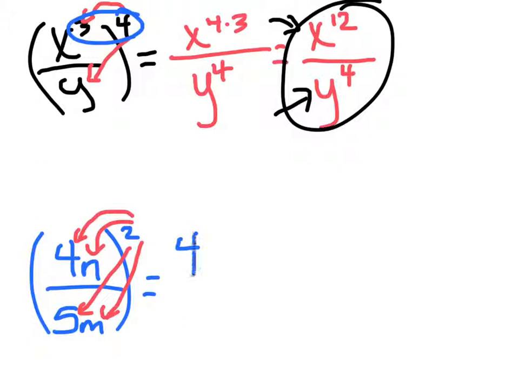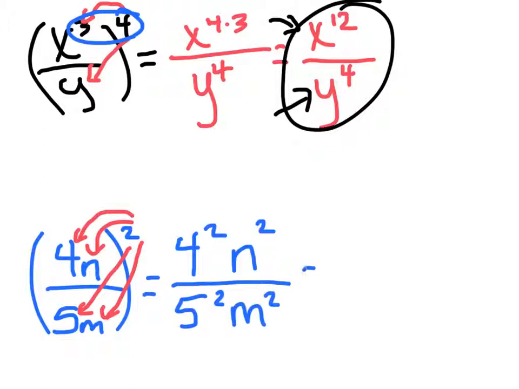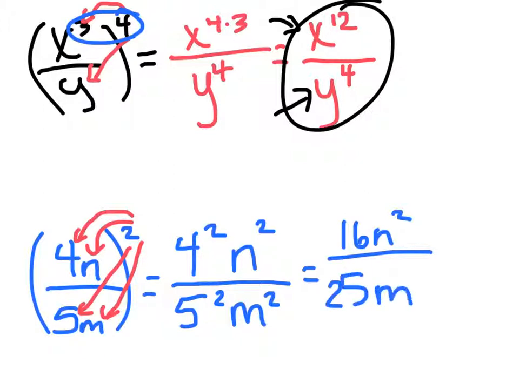So we have 4 to the second, n to the second, over 5 to the second, m to the second. Now we could go ahead and take that one step further. We might as well. 4 squared is 16, n to the second, just to make it a little more simple, 5 squared is 25, m to the second. So this is your final answer.